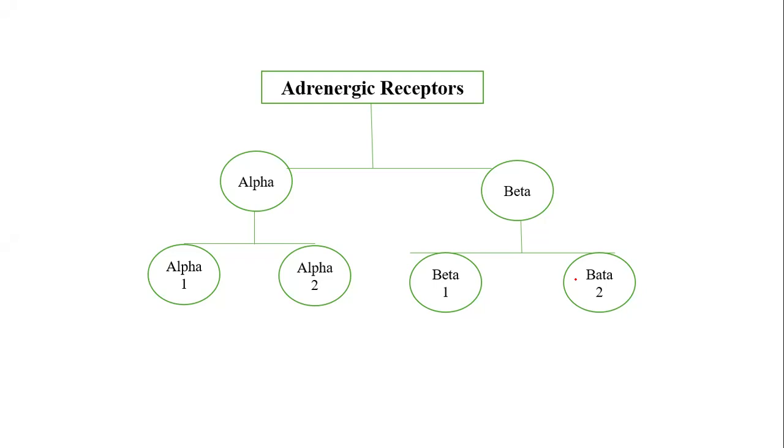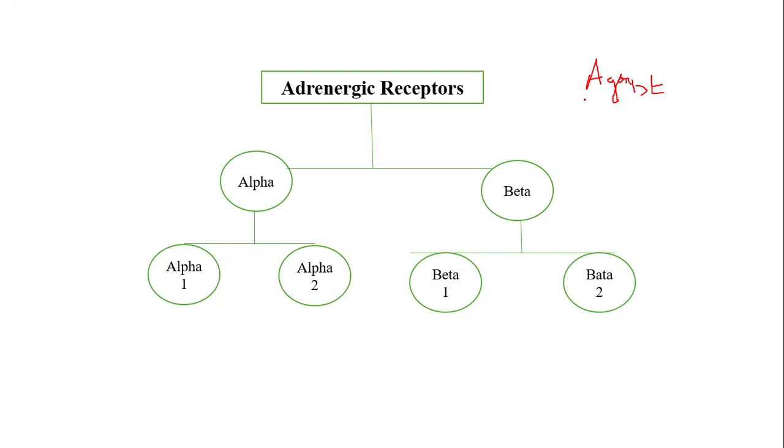Here I would like to explain two other concepts. These are agonist and antagonist, right? Agonist means any drug that is going to increase the activity of these receptors.